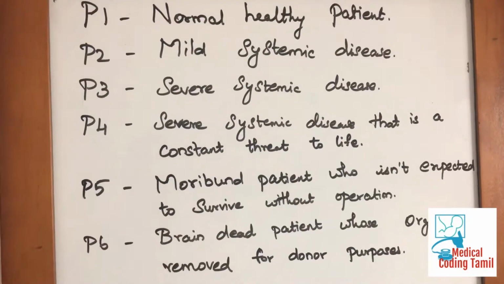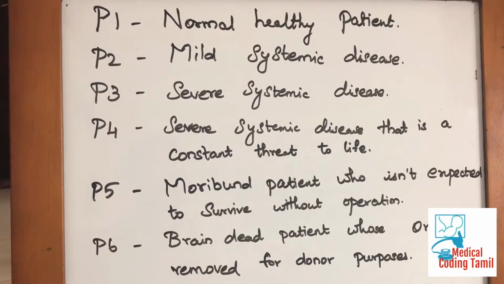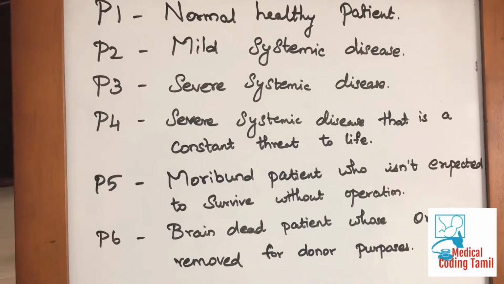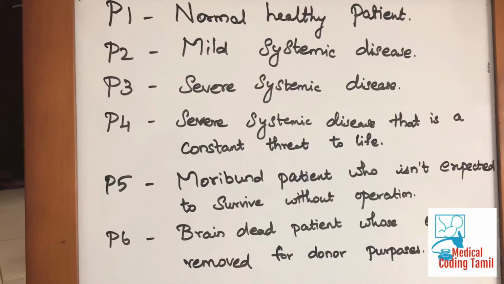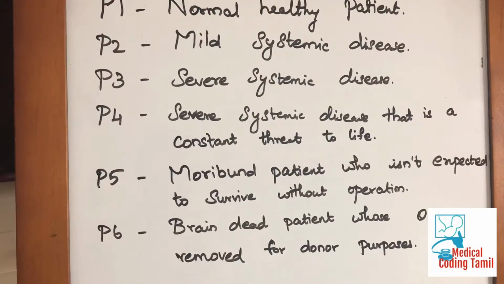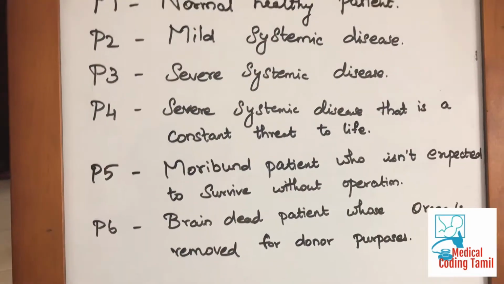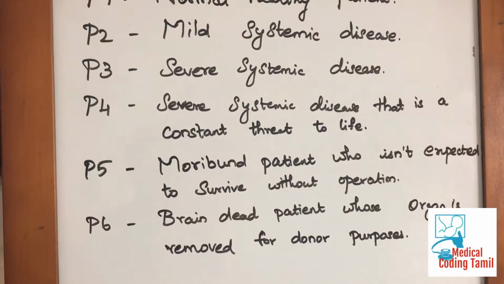And these are the anesthesia codes. Anesthesia is also included in the CPT, but CPT codes are different and anesthesia codes are different. Modifier P1 is for a normal healthy patient, P2 is for a patient with mild systemic disease, and modifier P3 is for a patient with severe systemic disease.